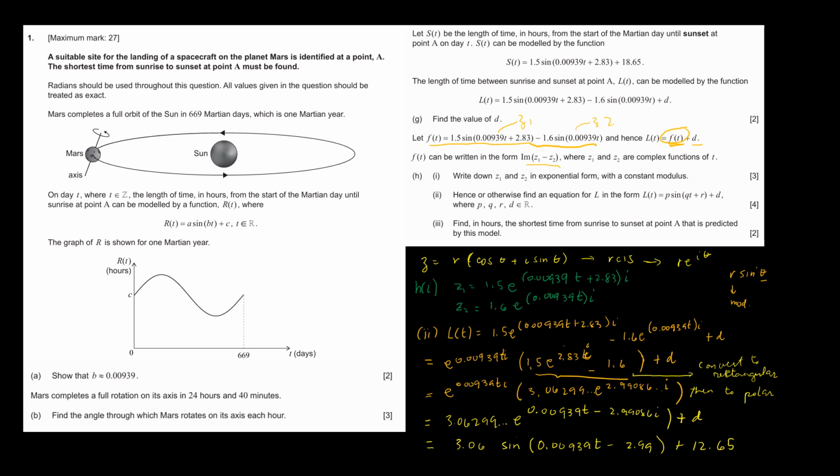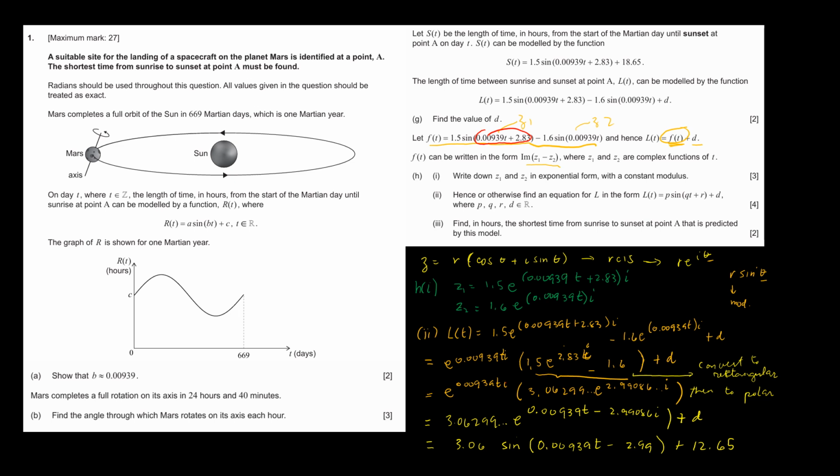So c sub 1, recalling a little on complex numbers, we can write it as r cosine theta plus i sine theta, or r cis theta. And then we can also write it in exponential form, r e to the i theta, where theta is the angle. So here, our angle is this part. That's our theta part.